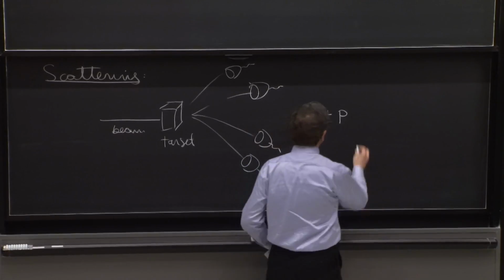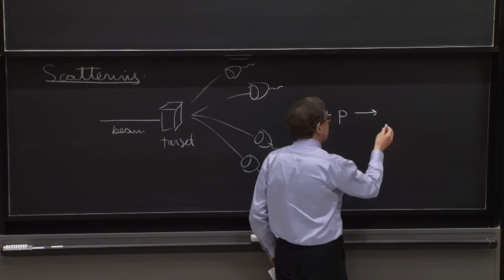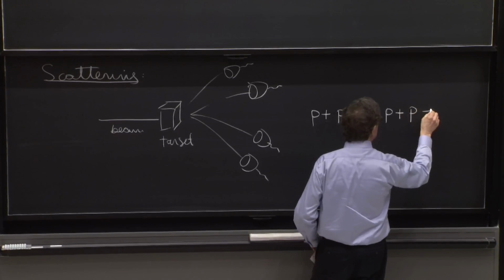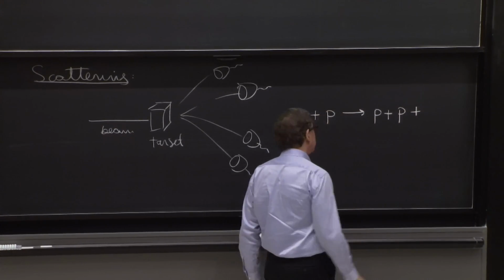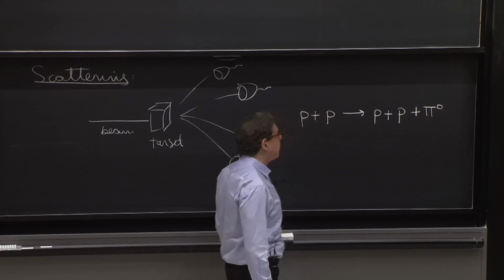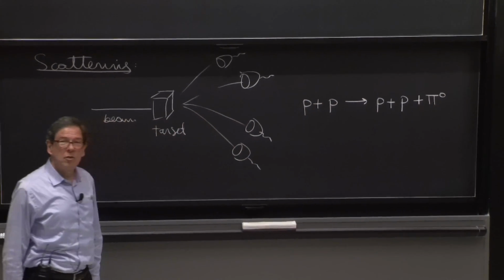But when protons collide with protons, funny things can happen. For example, you can get the two protons plus a pion, a neutral pion, pi zero, denoting zero charge.